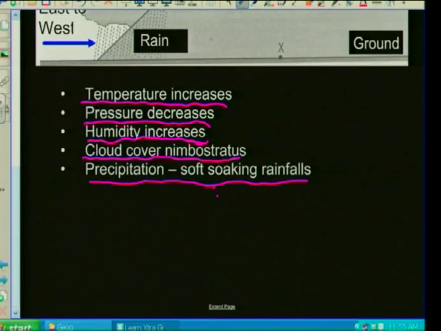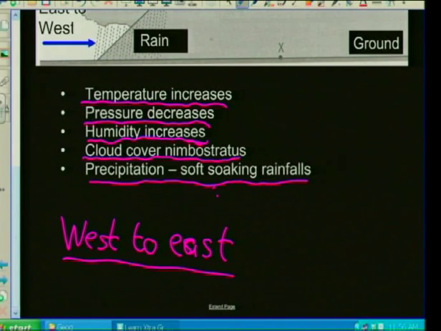Mid-latitude cyclones move from west to east. Reason being that it's part of the westerly wind belt. So therefore, it moves from west to east.